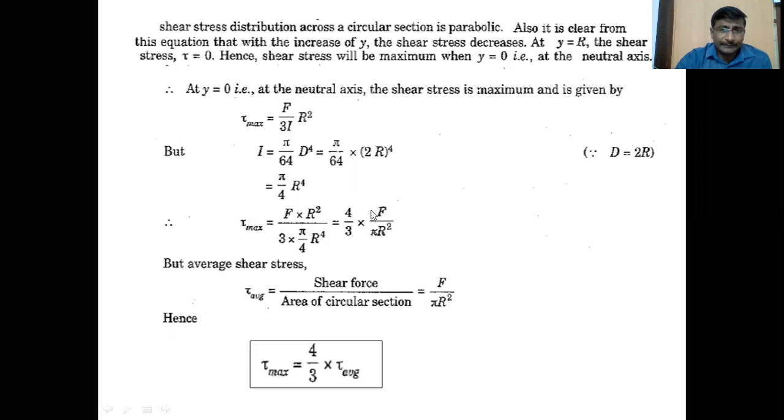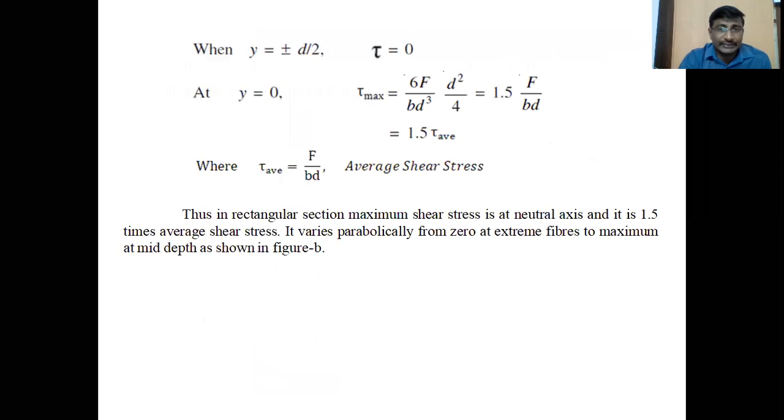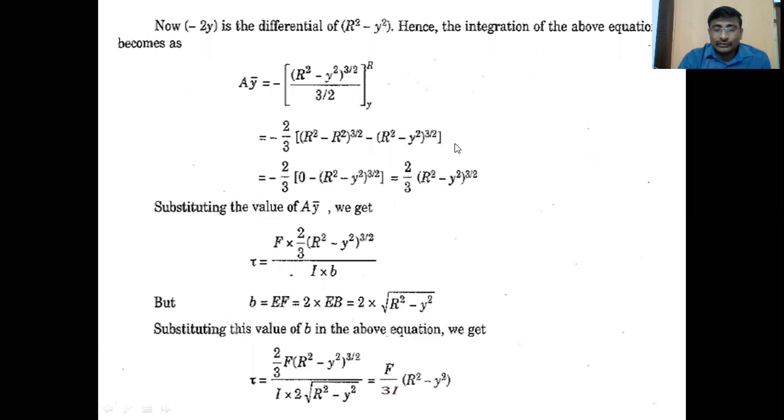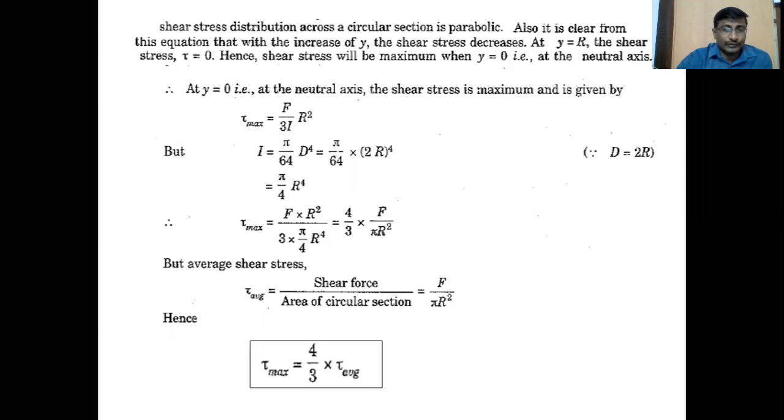Then we can replace this, so tau max is equal to 4/3 times tau average. In the previous case, we got the maximum shear stress as 1.5 times tau average. In this case, tau max in a circular section is 4/3 times tau average, approximately 1.33 times, which is developed at the neutral axis.